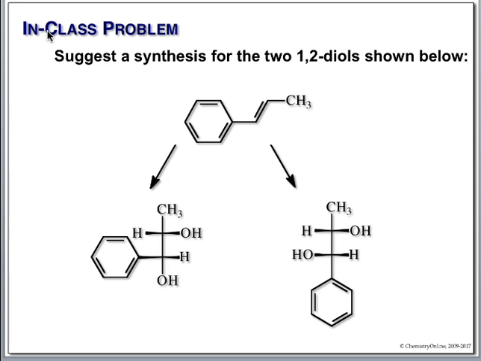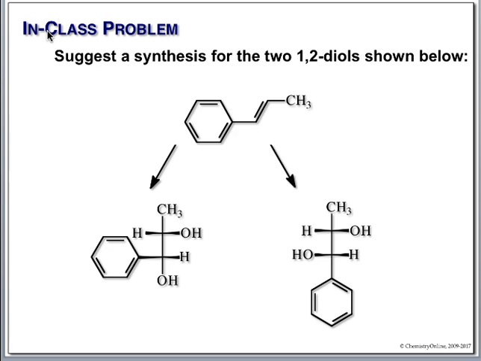Let's start off by converting these little projections into sawhorse. Remember sawhorse? A sawhorse is kind of neat because what you're going to do is look down this bond and put groups sticking up and down the way they're shown in our projection.